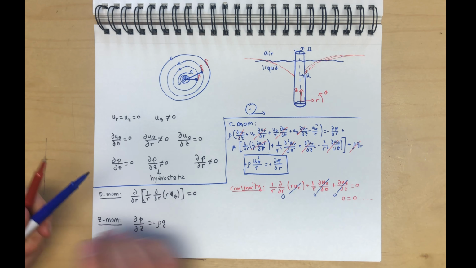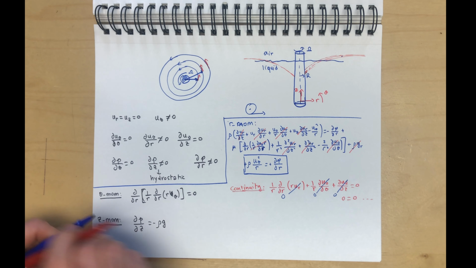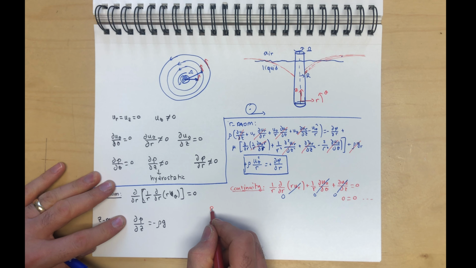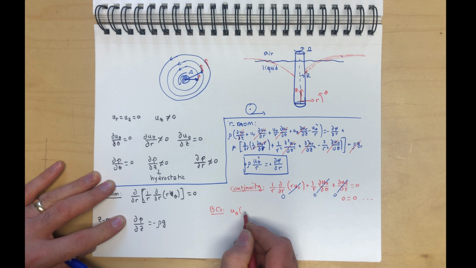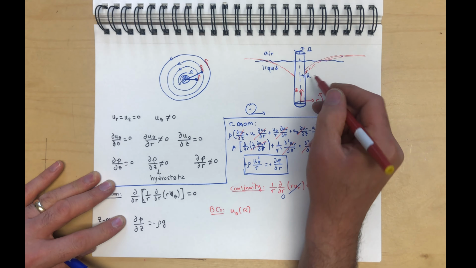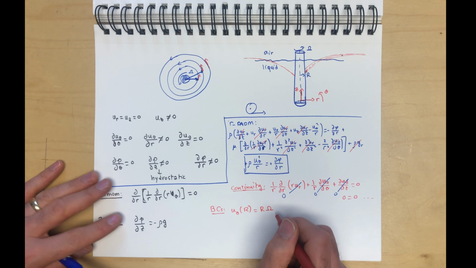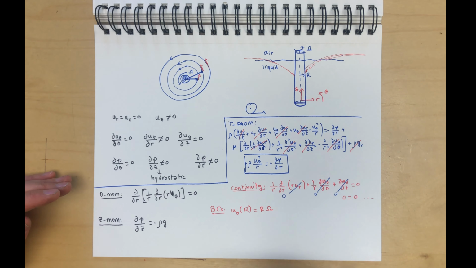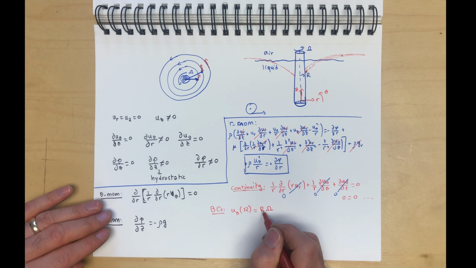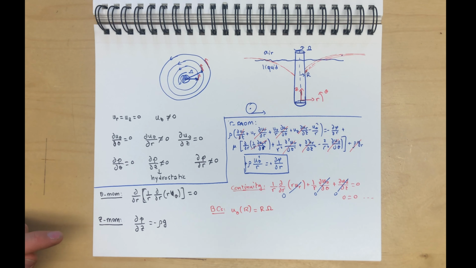Okay. Now, in terms of boundary conditions, let me write this in red. So for boundary conditions, u theta at r equal to capital R, at the surface of the rod, is equal to R times omega. Remember, omega is in radians per second, so you need to multiply by a dimension, which is the radius.